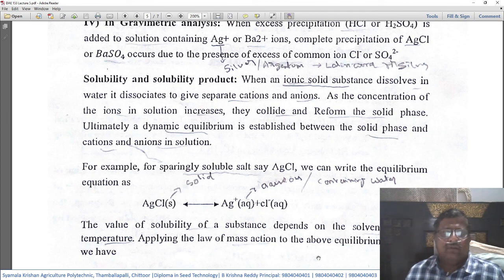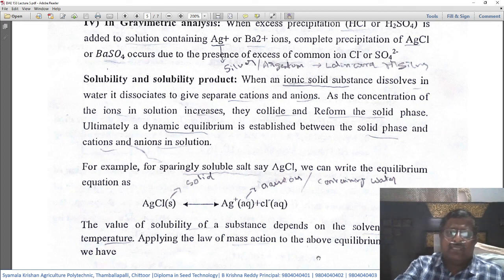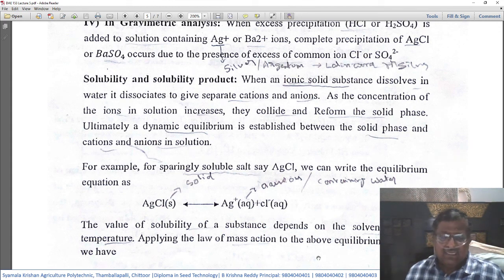So, for example, for sparingly soluble salts, meaning less soluble salts like silver chloride, we can write the equilibrium equation as follows. AgCl(s), s meaning in the solid form, is in equilibrium with Ag+(aq), aq meaning aqueous, which contains water, that is in solution form, plus Cl-(aq), which is also in aqueous form.